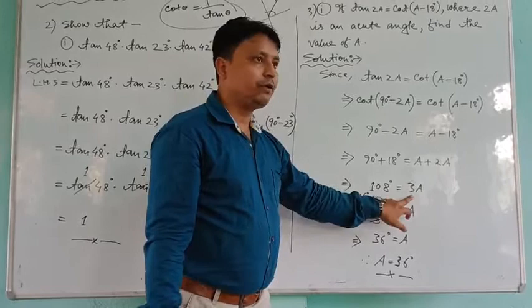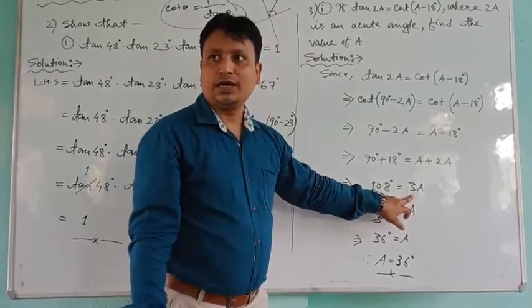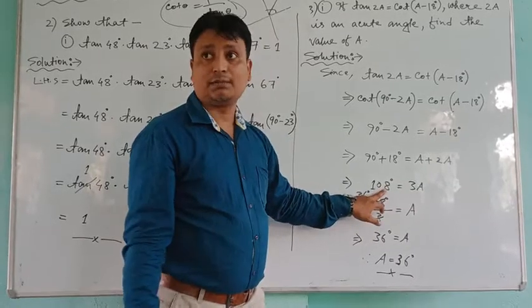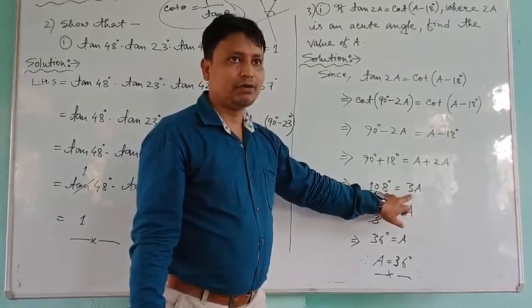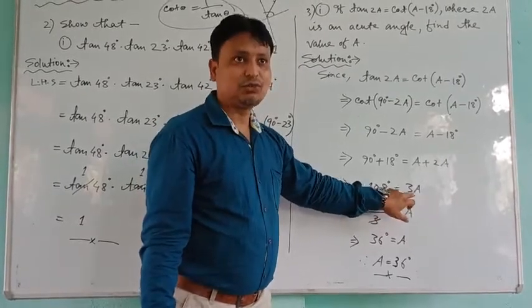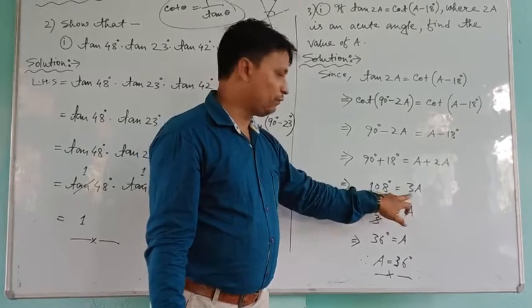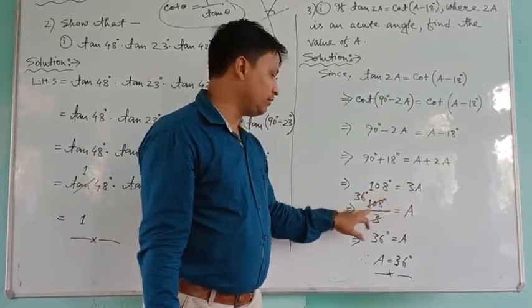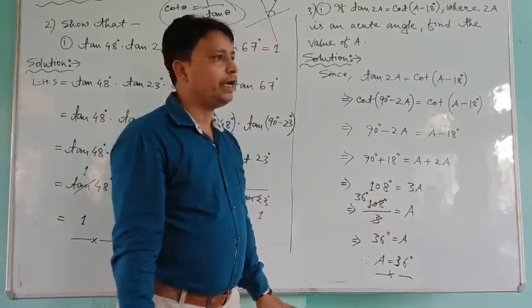So any factor if you shift to the other side, it will divide the value of the other side. 3 into A, these two are the factors of this multiple 108. So if you shift 3 to the left side, then it will divide 108. Cut, you will get 36 degree. It will be the value of A. That's all.